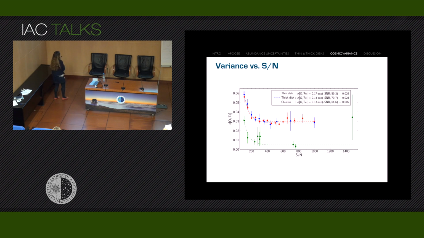But we found that the clusters are a good representation in signal to noise of the sample, and that, yes, if you go down in signal to noise, your scatter will go up, but it will reach some plateau after 200 signal to noise.